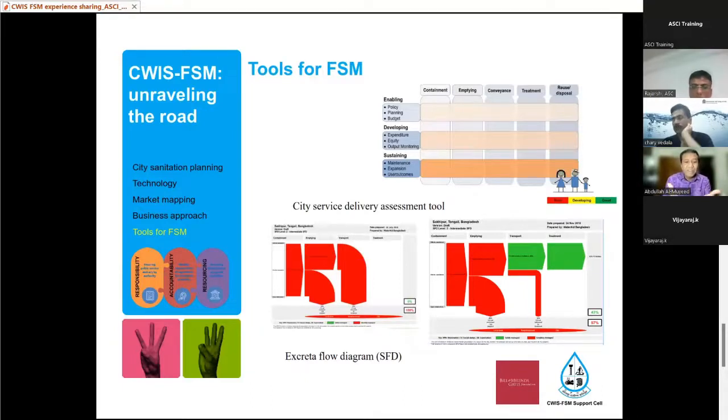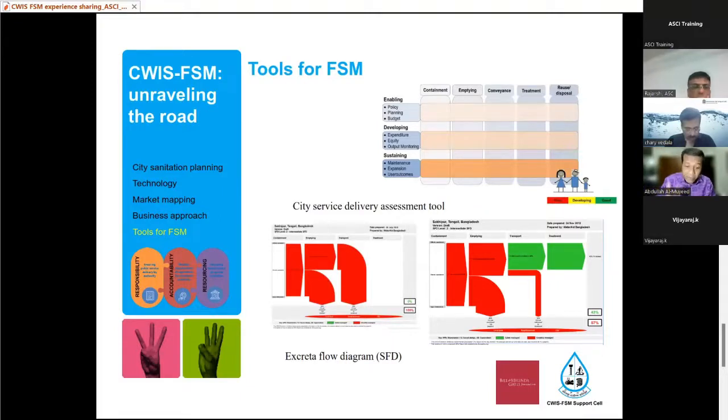This is the situation in 2014, but from the very beginning, this sector authority periodically developed the shit flow diagram, or excreta flow diagram, to showcase the accountability that this city is now providing safely managed sanitation. What is the situation at present, and how can we reach the target of 100% by the end of 2030?